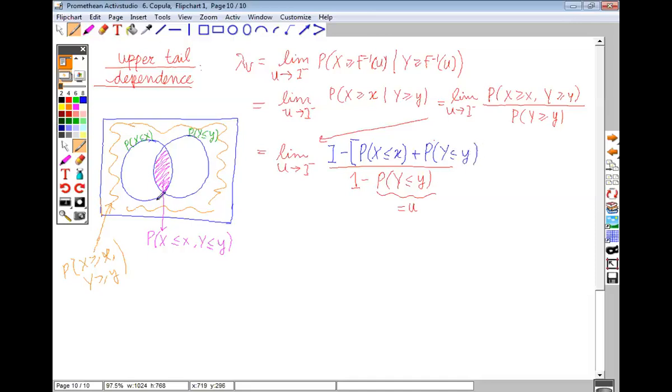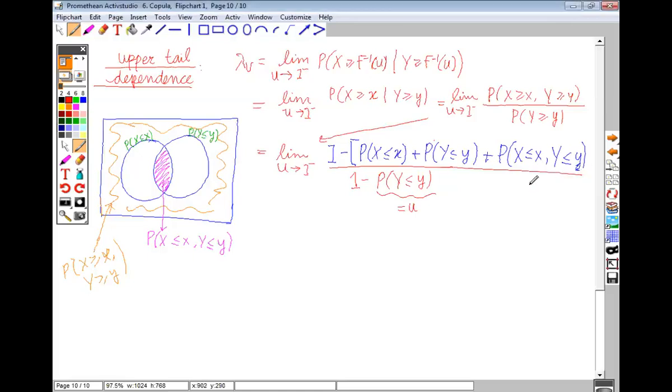So what I have done is I've taken this 1 and I've subtracted this circle first, and then I've subtracted this circle. So when I subtracted both of these circles, I subtracted this region twice. So I will have to add in this once. So this is what I'm left with at the end.